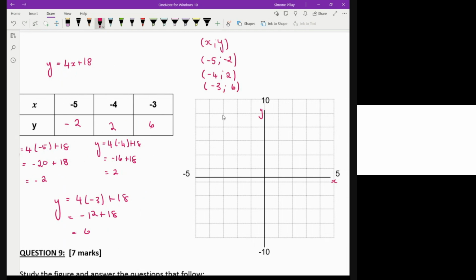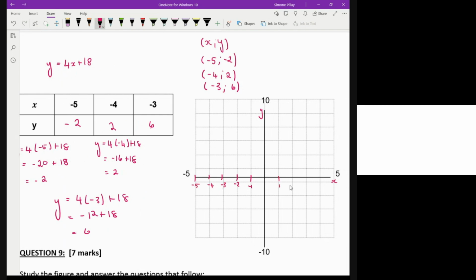Okay, so now I have some coordinates, and now I need to start plotting. Well, they've told me up there is 10, and down here is -10, and here's -5, and this is 5. So it's going to be a bit of a weird graph because they clearly haven't used the same scale, but that's fine. I know this is going to be 1, 2, 3, 4, and 5. So that's -1, -2, -3, -4, -5.